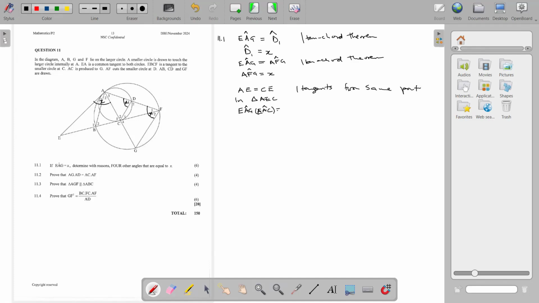That angle we can now conclude is equal to ECA, which is C1.